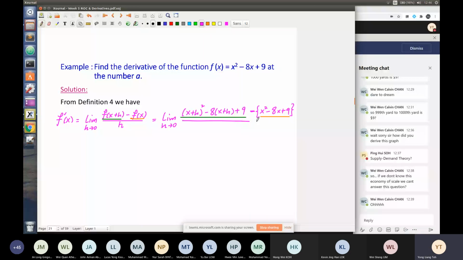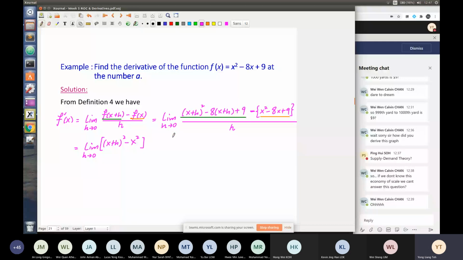If you observe, you can actually group the terms together. So the limit as h goes to 0. Look at this, x plus h squared minus x squared. That's your first term. Let me box this up.